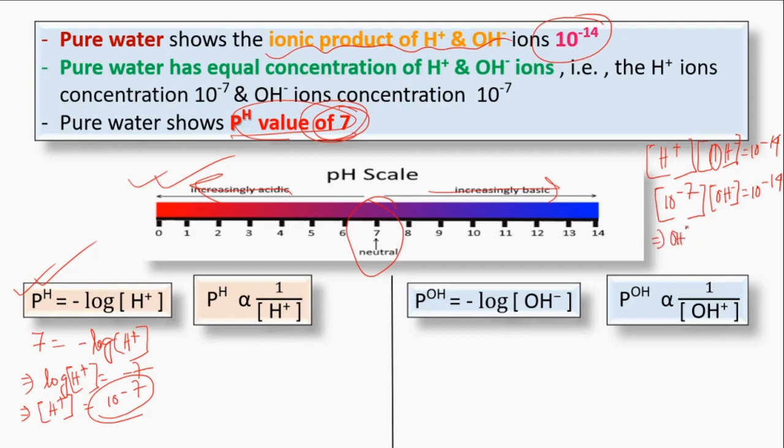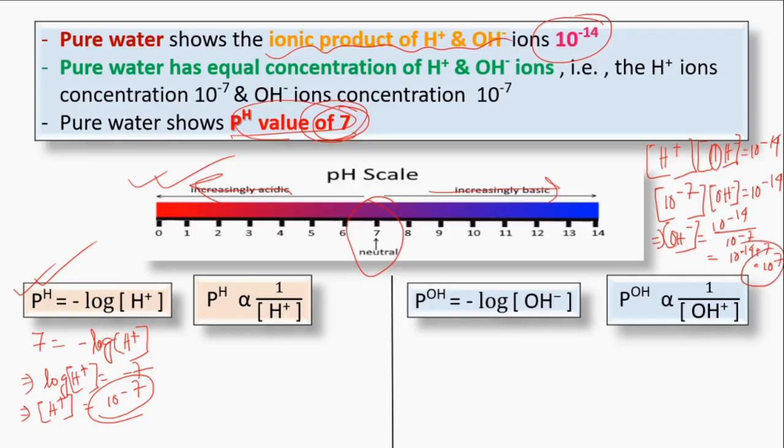So the OH minus ion concentration would be 10 to the power minus 14 divided by 10 to the power minus 7, and the next step would be 10 to the power minus 14 plus 7, which equals 10 to the power minus 7. So the OH concentration again would be 10 to the power minus 7.